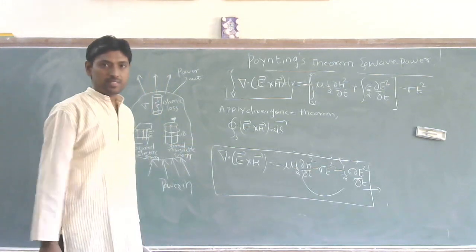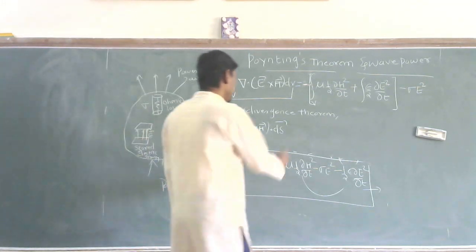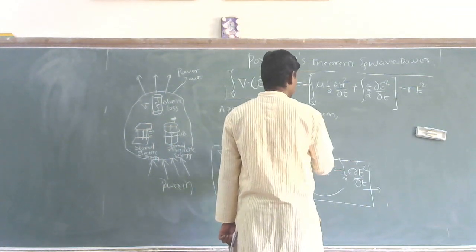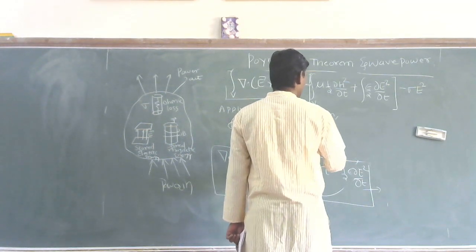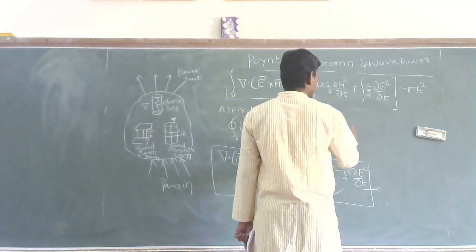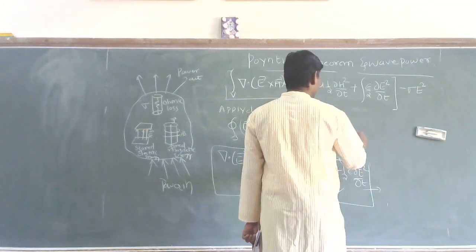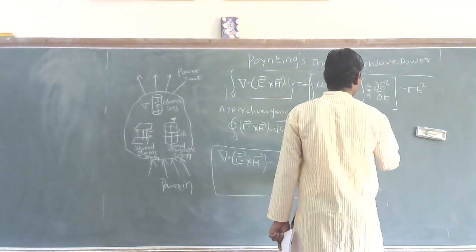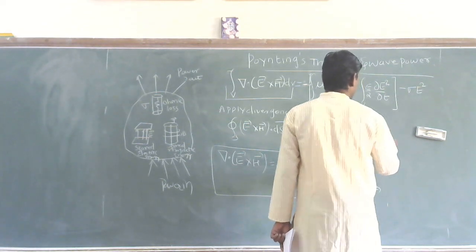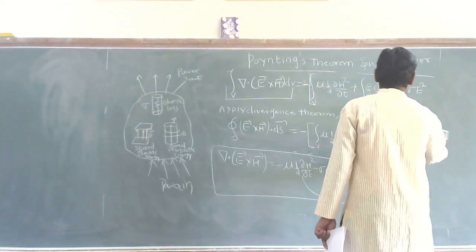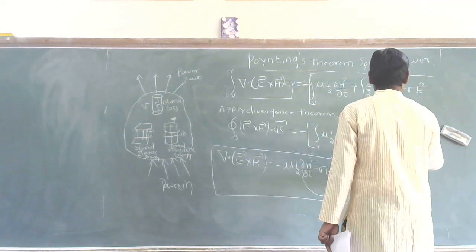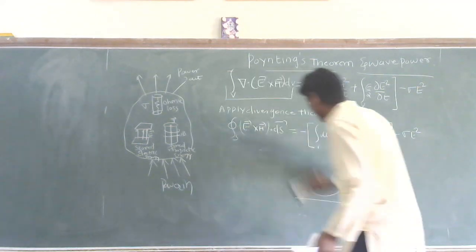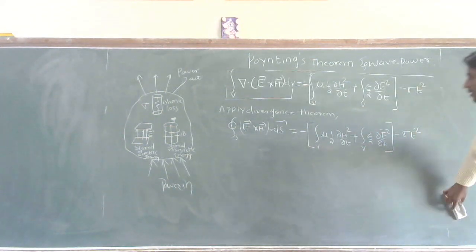The volume integral converts to a surface integral, and that's what we are done. This is minus the volume integral of mu times 1 by 2 dou H square by dou t plus epsilon by 2 dou E square by dou t, minus sigma E square. That is what we got.